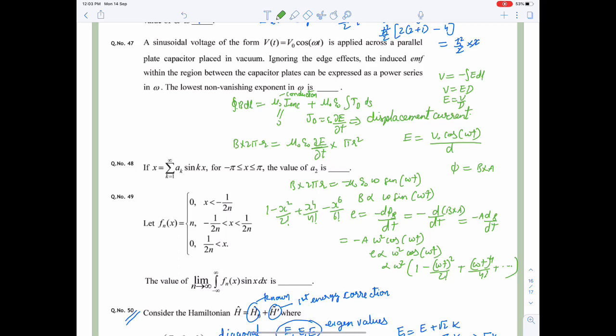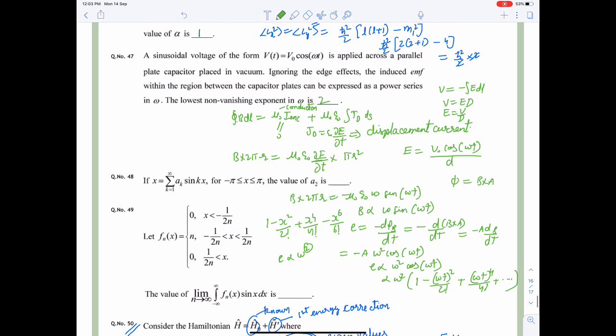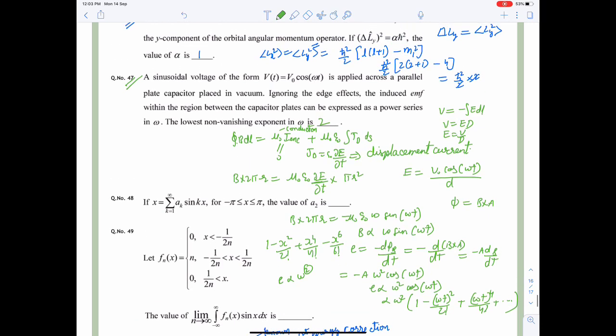So your EMF is directly proportional to the first non-vanishing term, omega square. The exponent is 2, so the answer will be 2 here. Yes, the answer is correct.